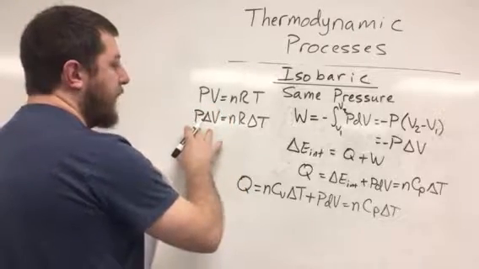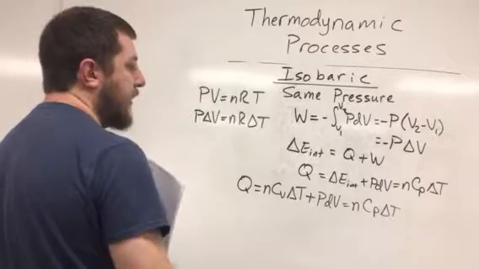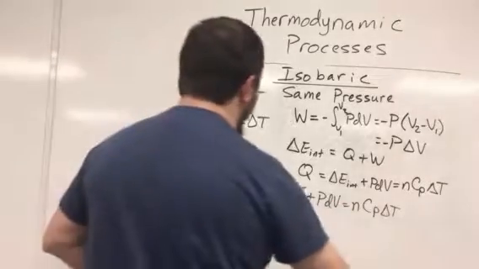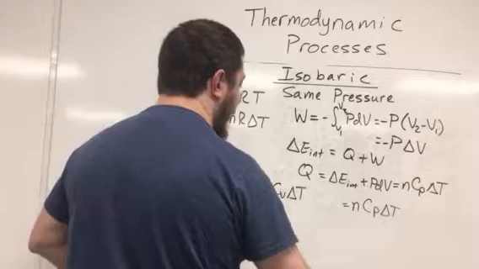And so P delta V is equal to N R delta T. And so P dV can be replaced by N R delta T.